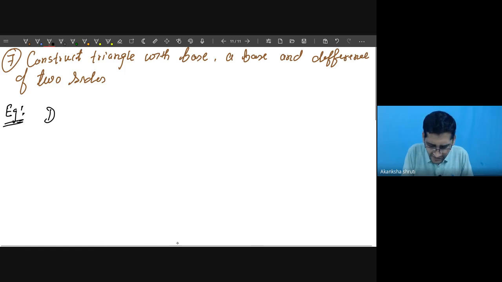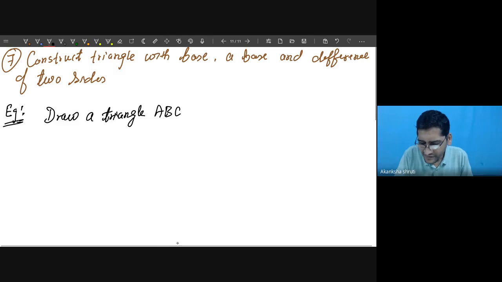Draw a triangle ABC with, let us take BC as the base. We may take AB as the base, that doesn't make any difference. So whatever length is given, you have to take as the base.